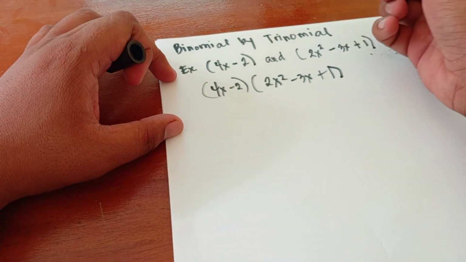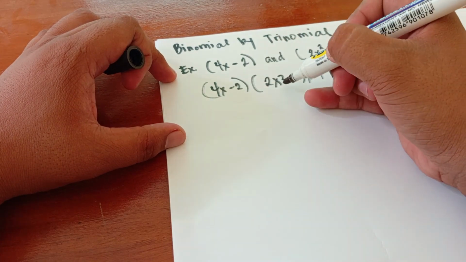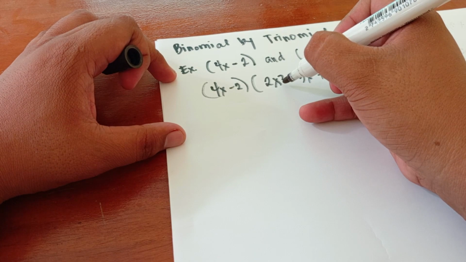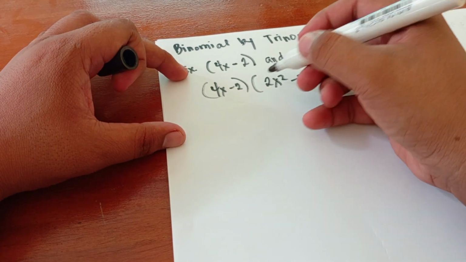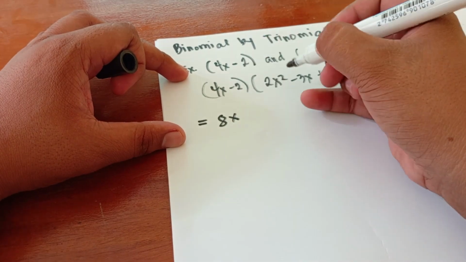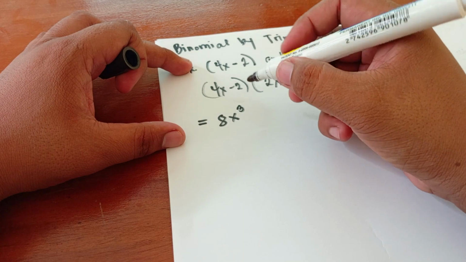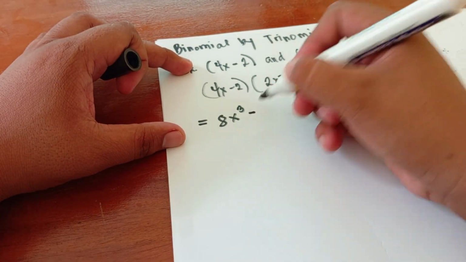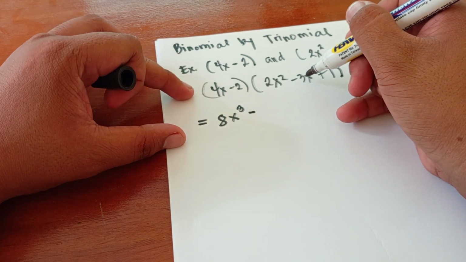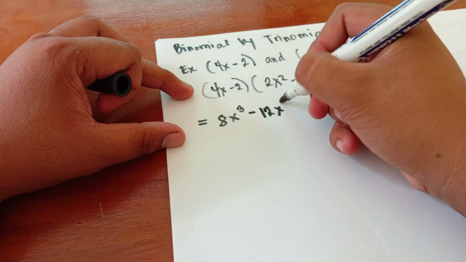Using the distributive law of multiplication, 4x times 2x squared, since they have the same variables, we will just add the degrees. So we have 4 times 2 is 8, and 1 plus 2 is equal to 3, so 8x cubed. Then 4x times negative 3x, so we have negative 12x squared.